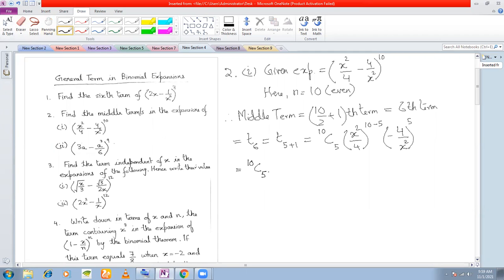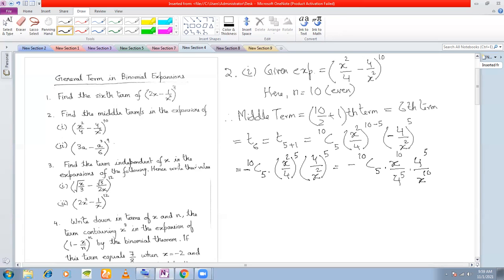10C5 into (x square by 4) to the power of 5. Because again the negative sign has been raised to an odd power, we can take the negative sign out and write this as (4 by x square) to the power of 5. You get minus 10C5 into x to the power of 10 by 4 to the power of 5 into 4 to the power of 5 by x to the power of 10.